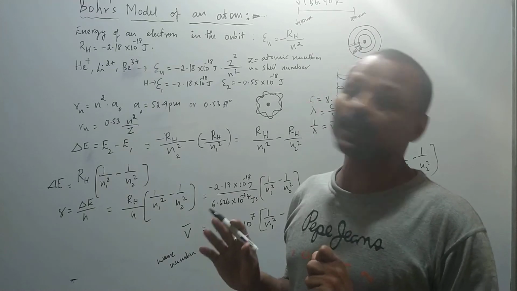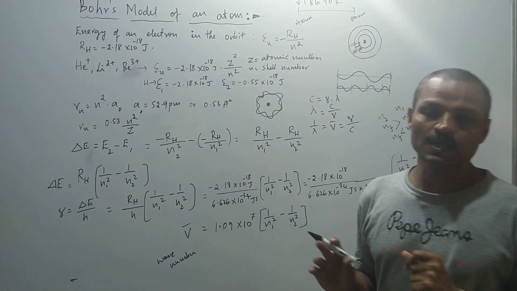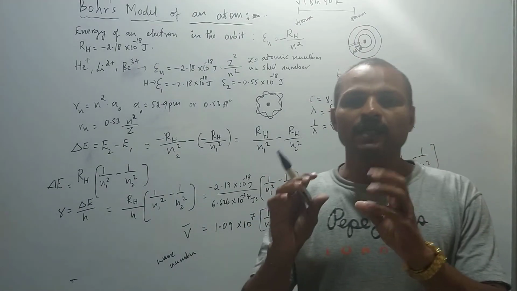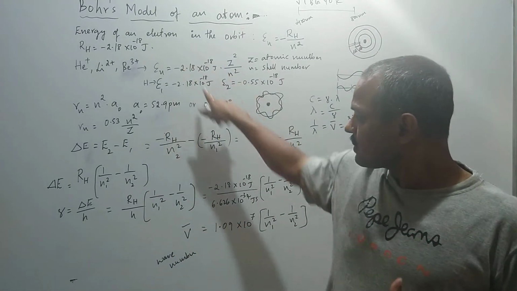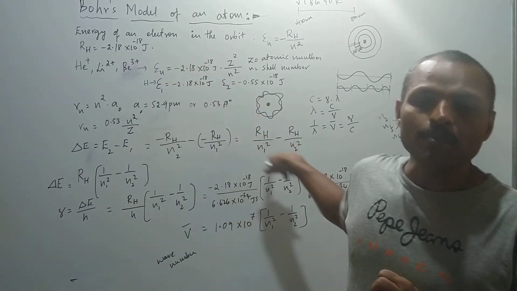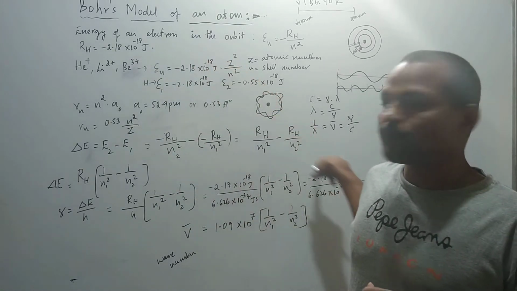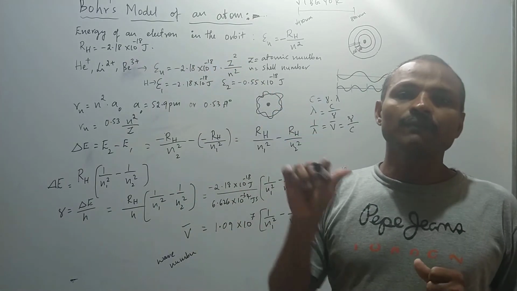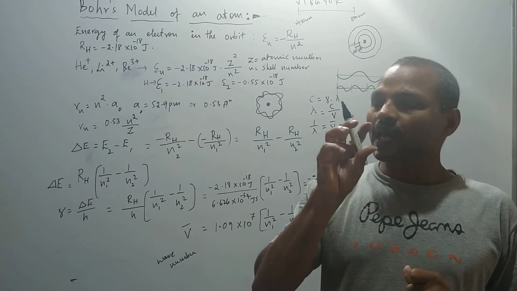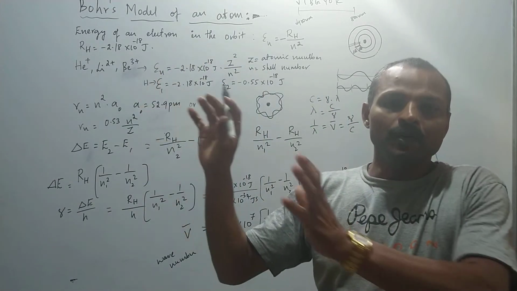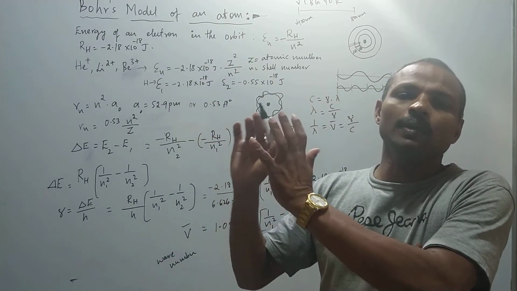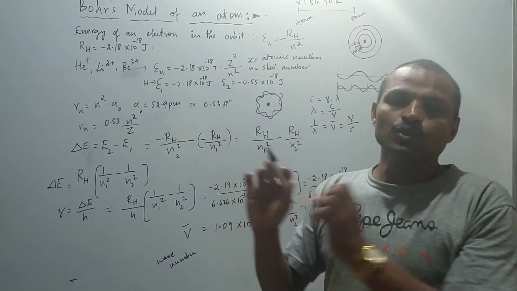The application of this is, if any unknown element is given, by using the emission spectrum of the element we can find out which particular element it belongs to.